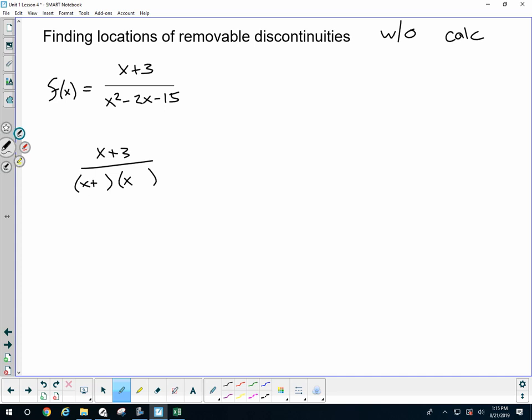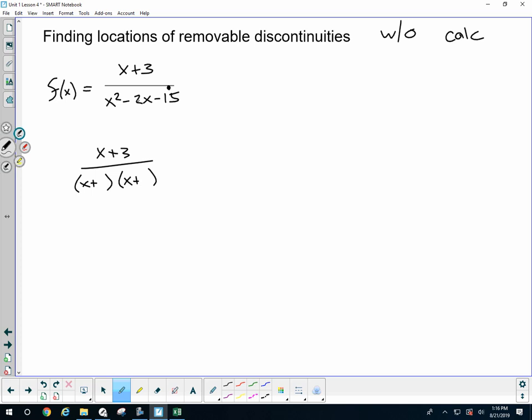Well, I need to pick two numbers so that when I do the distribution process, the two numbers multiplied together give me this negative 15. So I put a dot over the negative 15 because this number times this number has to equal negative 15.